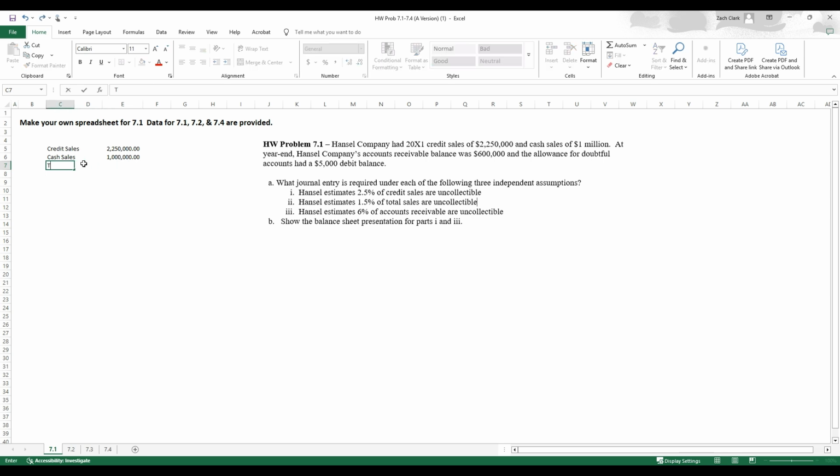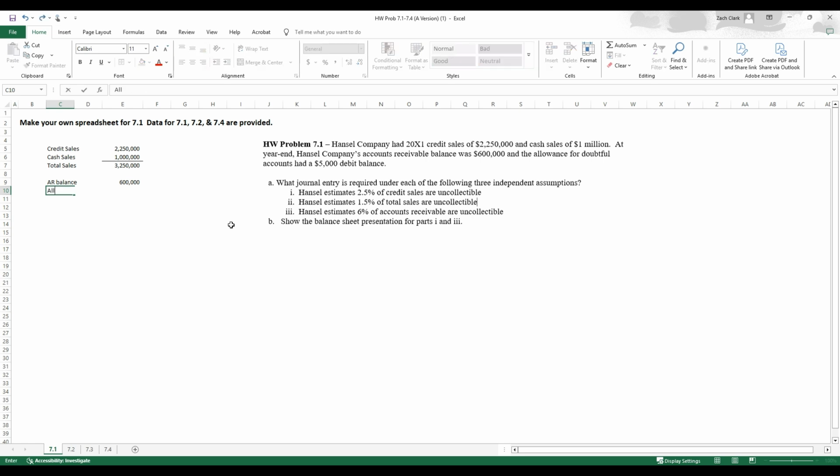And then total sales is the sum of those two, or 3.25 million. At year end, let's say our AR balance was 600,000. I'm not 100% sure we'll need every figure, but let's just get them in here. If we do, we can analyze them easier with it in Excel.